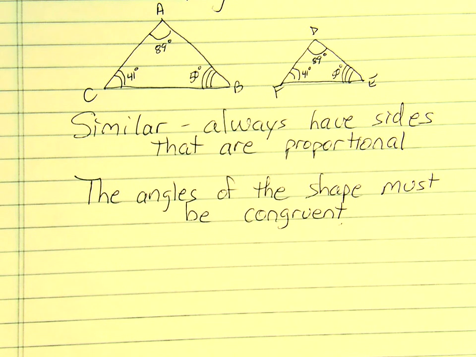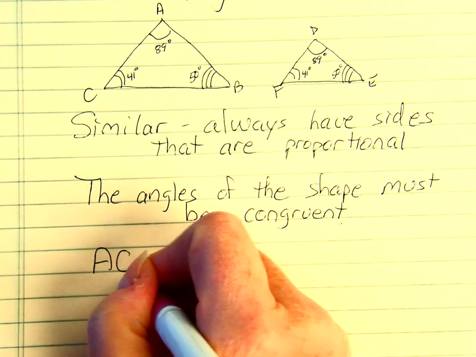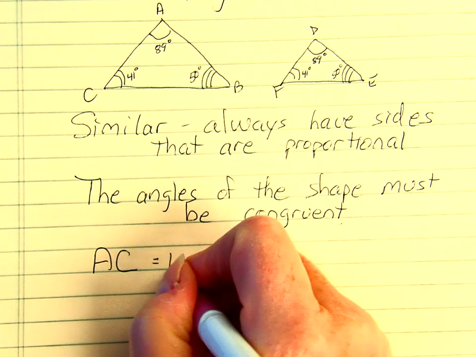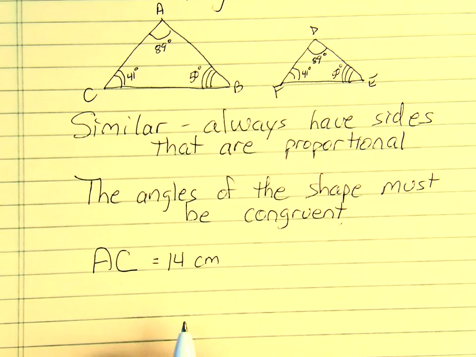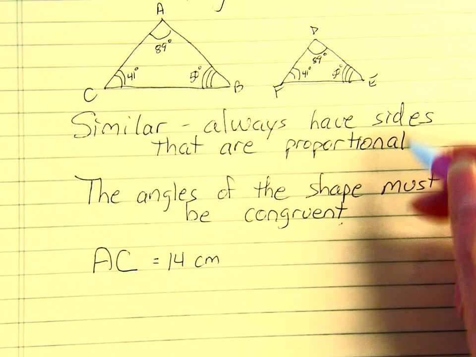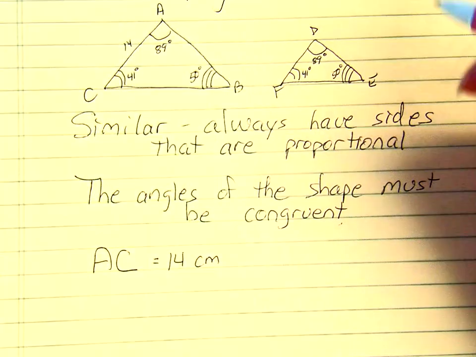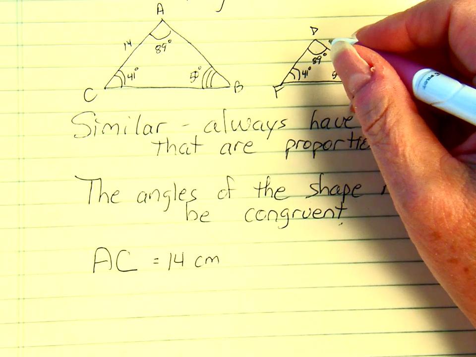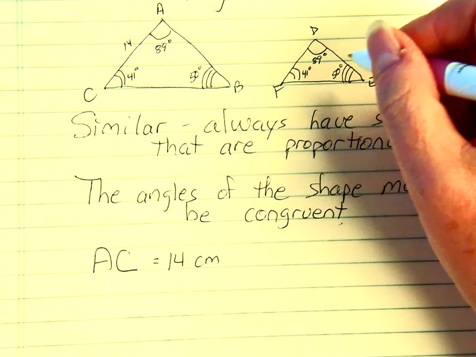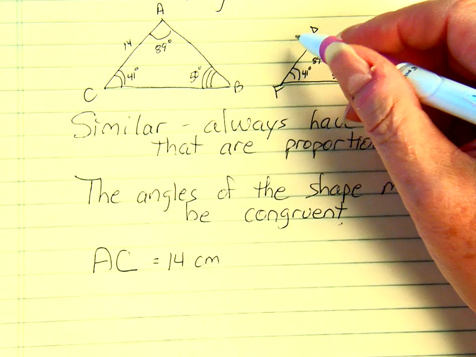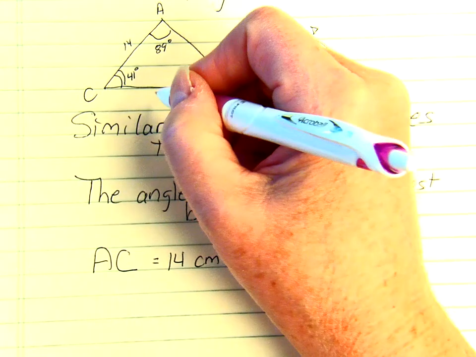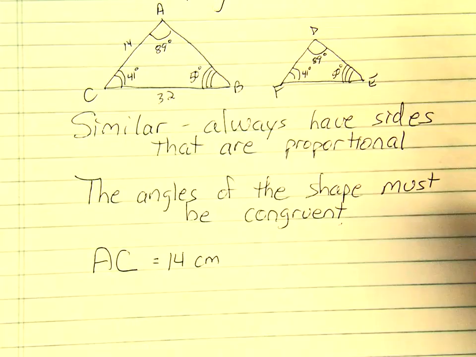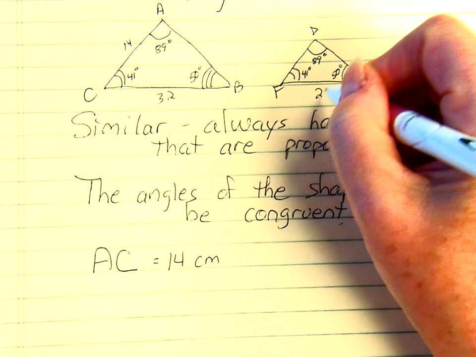If we look at this and we say, okay, if AC is equal to 14 centimeters, and we know that DE, let's say that BC here is 32, and we know that EF is 24.